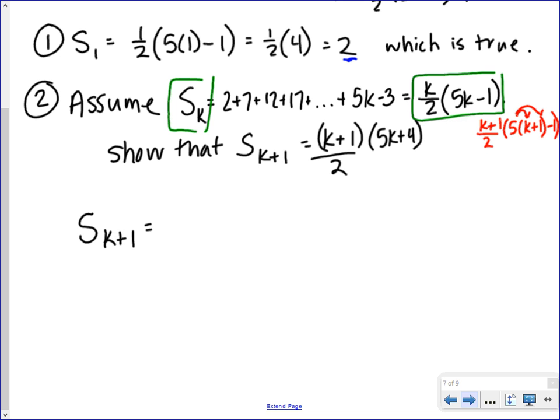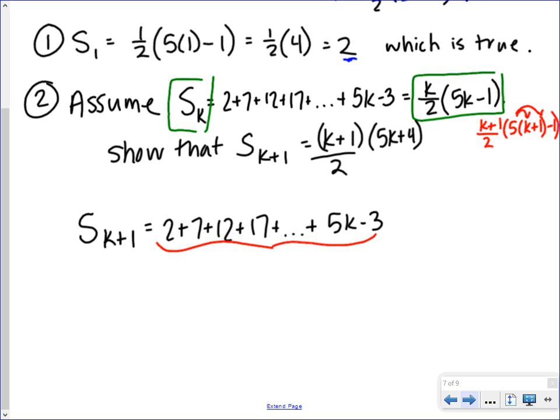So we're going to copy down all of that stuff: 2 plus 7 plus 12 plus 17 plus 5k minus 3. This is S sub k, or the sum of the first k terms. We really want the sum of the first k plus 1 terms, so we have to add the k plus 1 term.